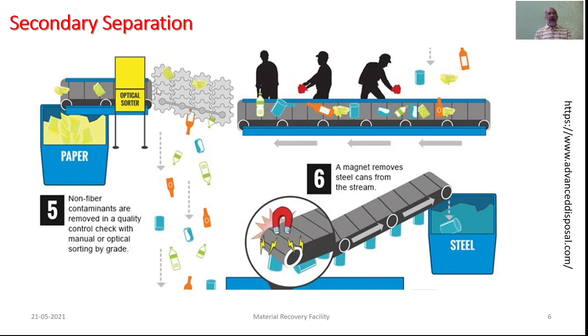As we move ahead, we'll try to understand how these particular optical sorters work. Ahead, there would be some mechanisms which would be working on magnetic principles in order to catch the magnetic objects.